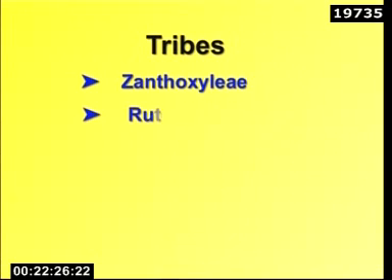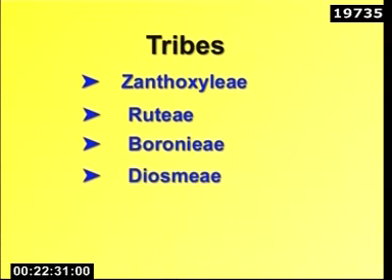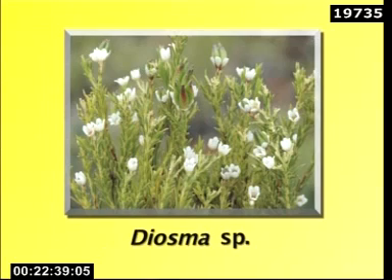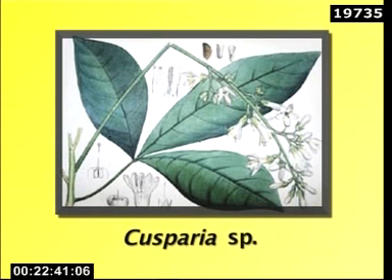The subfamily is again divided into 5 tribes such as Xanthoxyleae, Rutaceae, Boronieae, Diosmeae and Cusparieae, represented by Xanthoxylum, Ruta, Boronia, Diosma and Cusparia respectively.